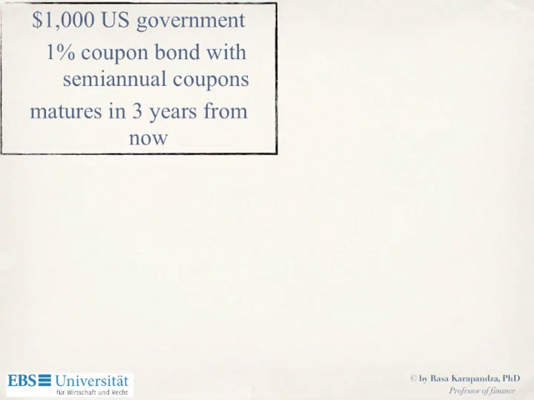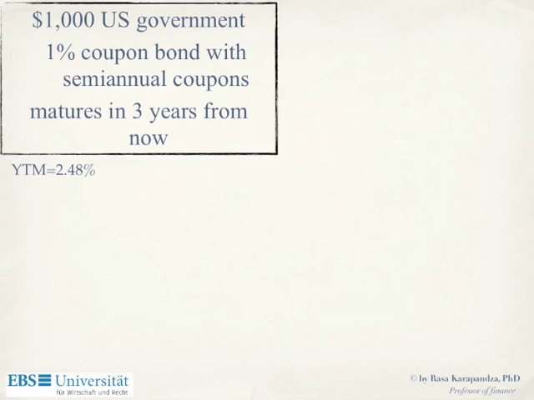Now let's do exactly the same example, but with a 1% coupon bond. So if you observe this 1% coupon bond, which matures in 3 years, what does it mean? Semi-annual coupons, that means that you receive 0.5% every 6 months.